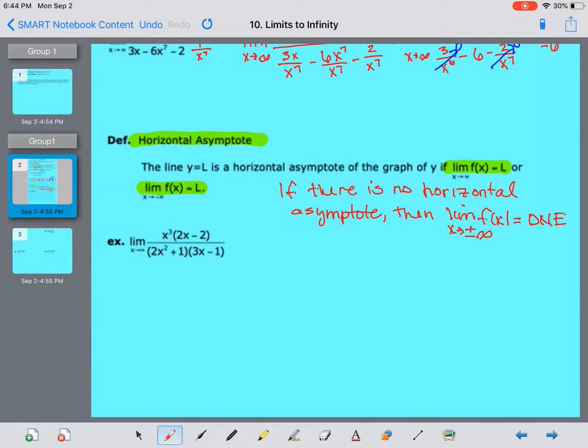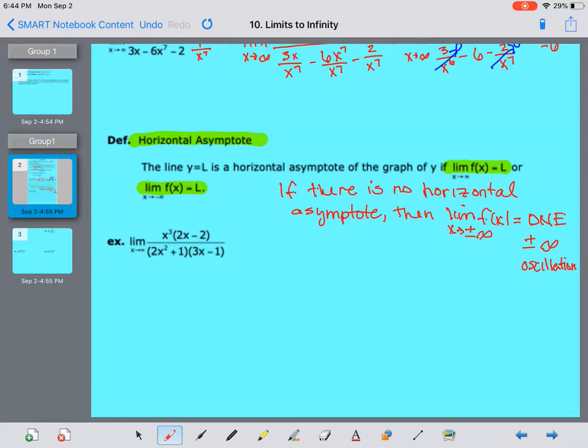And we know there's two reasons. Of course, we wouldn't talk about oscillation here, but there's two main reasons why a limit as we approach positive infinity or negative infinity does not exist. Either we're approaching positive or negative infinity, or there's some oscillation going on, as you'll see with an example coming up.